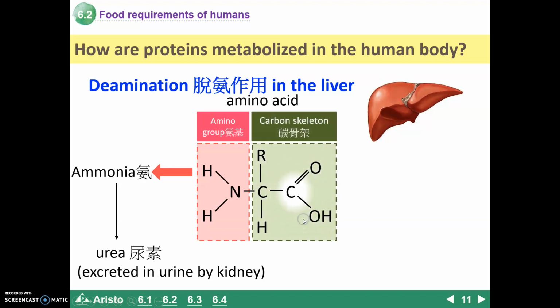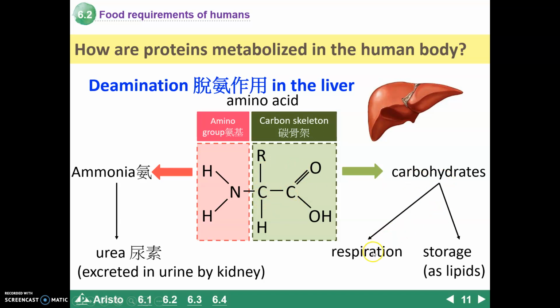The remaining part of the amino acid, the carbon skeleton, will be converted into carbohydrates. These carbohydrates can either be used in respiration or stored in the form of glycogen or lipid. So the whole amino acid cannot be stored, but after the amino group is removed, the remaining part can be stored or used.